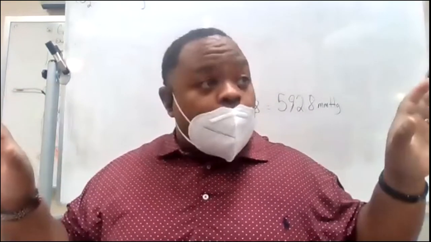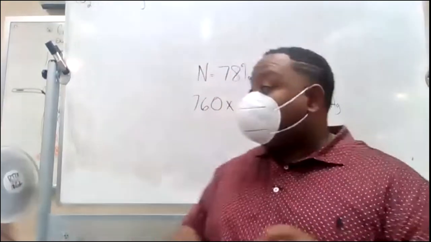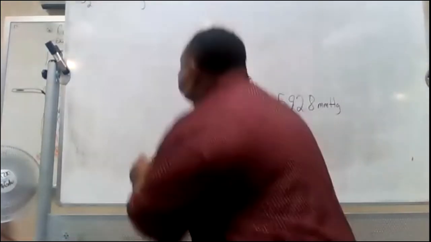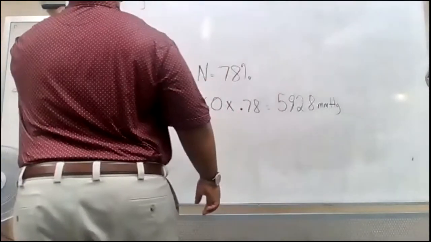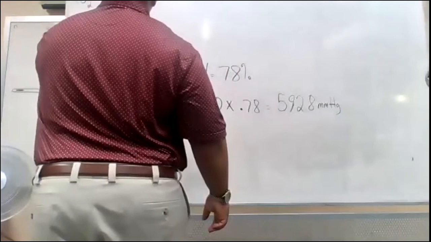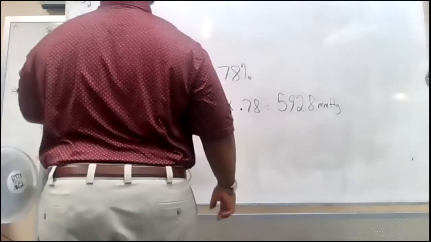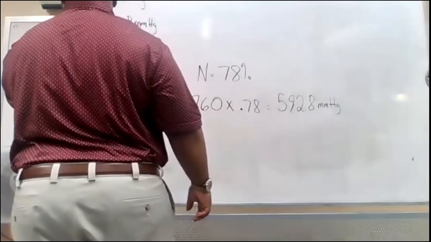So something has to keep the alveoli open at all times. That's nitrogen's job. So nitrogen is 592.8 millimeters of mercury.